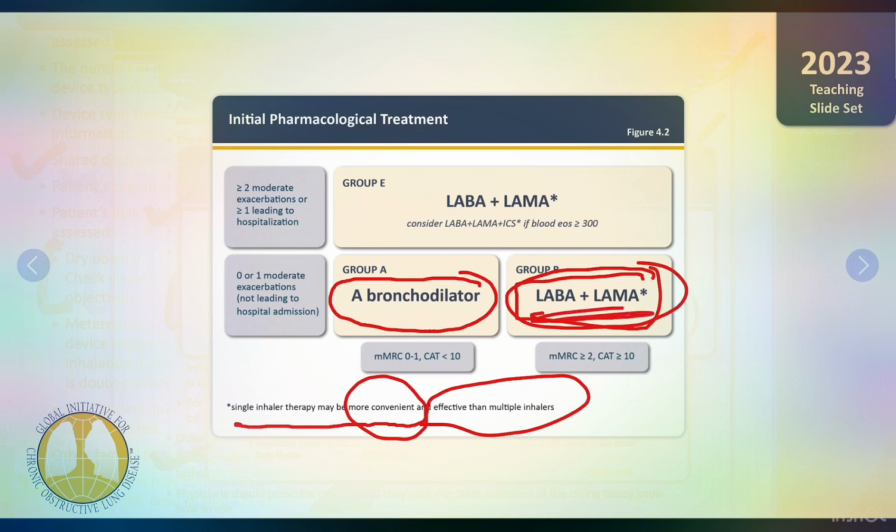So LABA plus LAMA combinations we give in group B. In group E also we give LABA plus LAMA. But if blood eosinophil count is more than 300, then we can start inhaled corticosteroid, like triple therapy we can give.